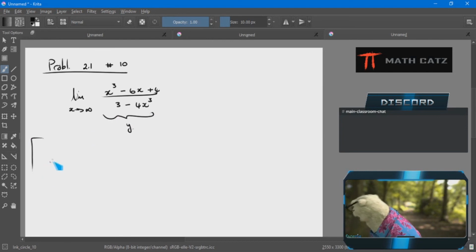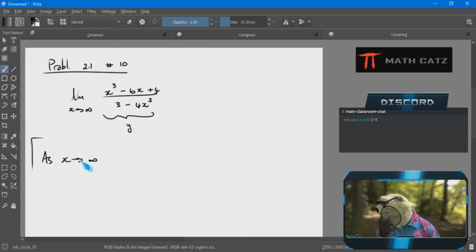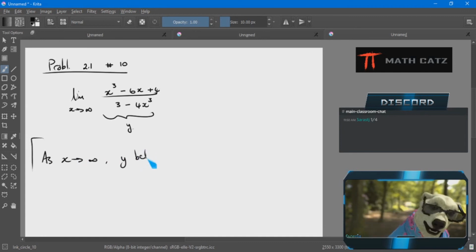I can write my wordy sentence and say, as x gets bigger in size, y behaves like, well, that depends on what kind of function it is, right?